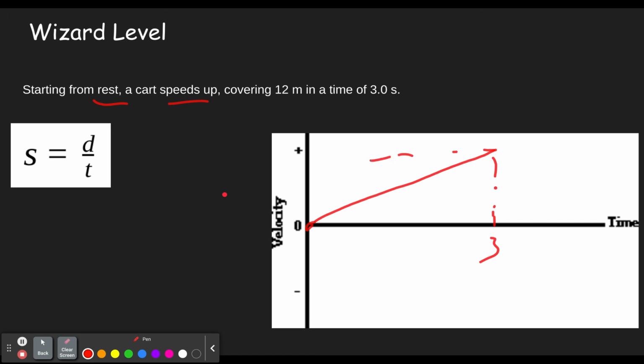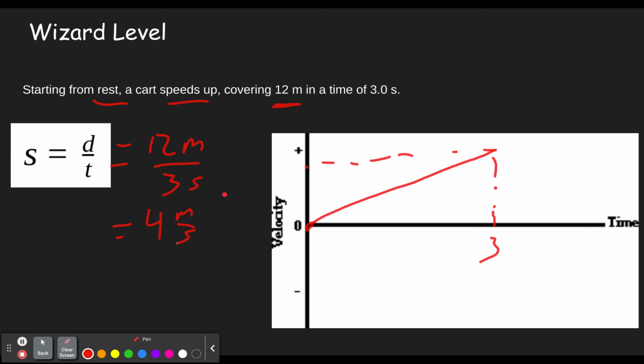The question is, how fast will it be going? What do we know? We know it covers a distance of 12 meters. Well, let's use our equation again. It's the same as on the last slide. The numbers are the same, so we'll just plug those in. That's 4 meters per second.